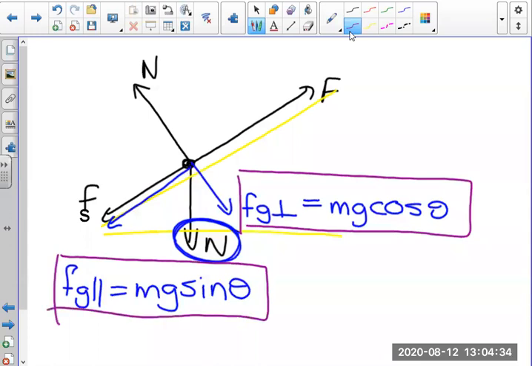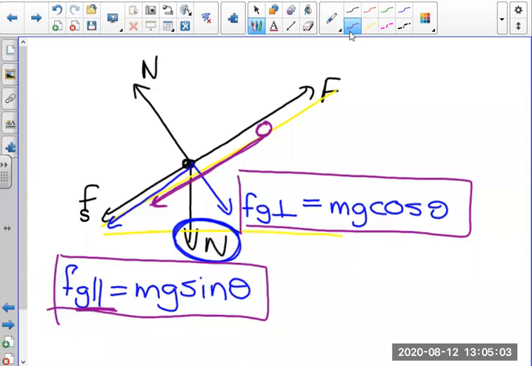So even though the object is going up the slope or down the slope, gravitation will always try to pull an object to the center of the earth. So in this case, if I put a ball on the slope, what's going to happen with the ball? It's going to start to roll down the slope. Now, there's a force that is making that ball go down the slope, and that force is the gravitation force.